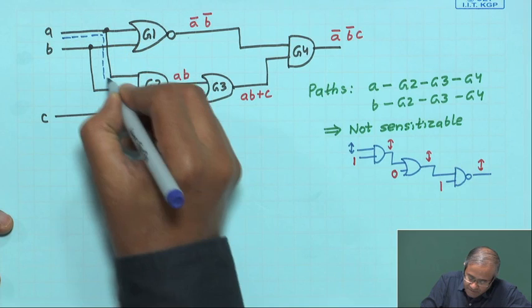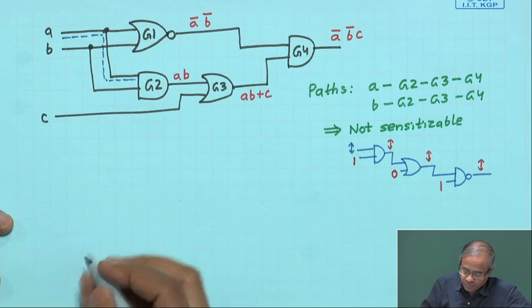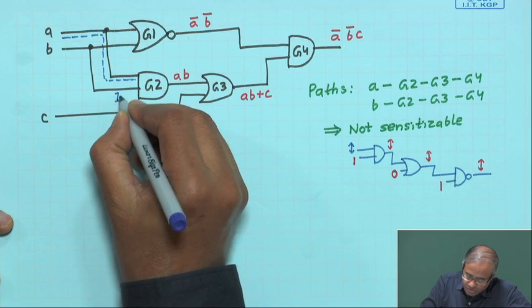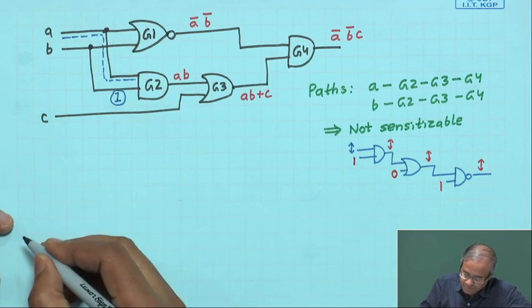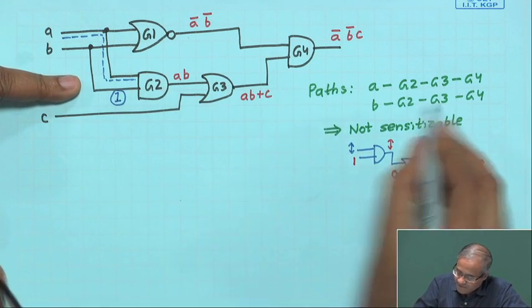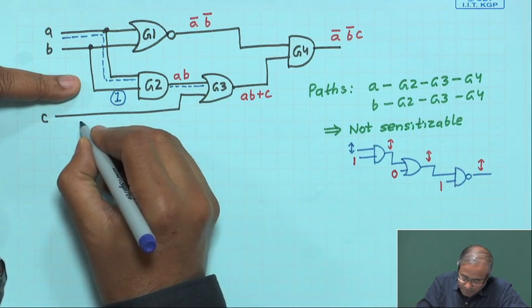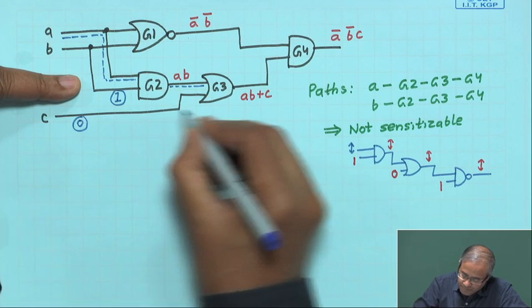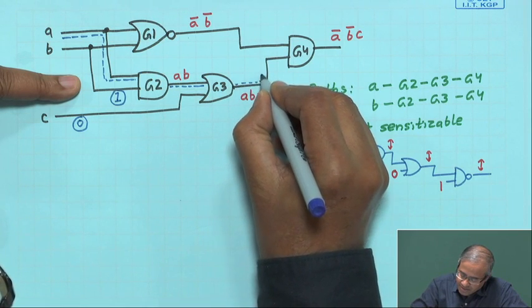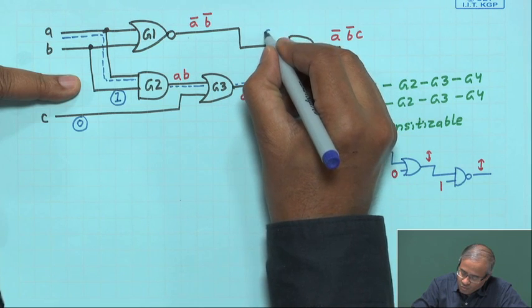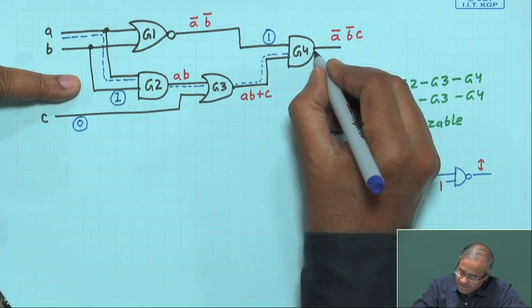This is an AND gate, so I have to apply a non-controlling value 1 in the other input. Then G3 is an OR gate, so I have to apply a 0 in the other input. Then again I get into G4, an AND gate, so I have to apply 1 here, and only then will this propagate to the output.